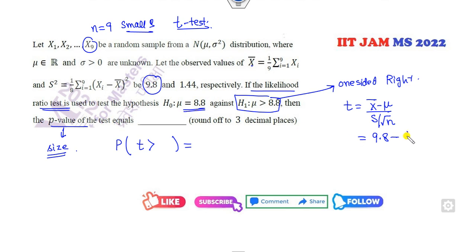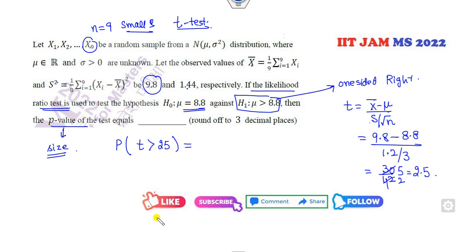H naught is 8.8. This is s square, so s will be 1.2. N is 9, so root n is 3. So if you solve them, it's 3 over 1.2, that means 30 over 12, which is 2.5. So that means your target is to find this number.